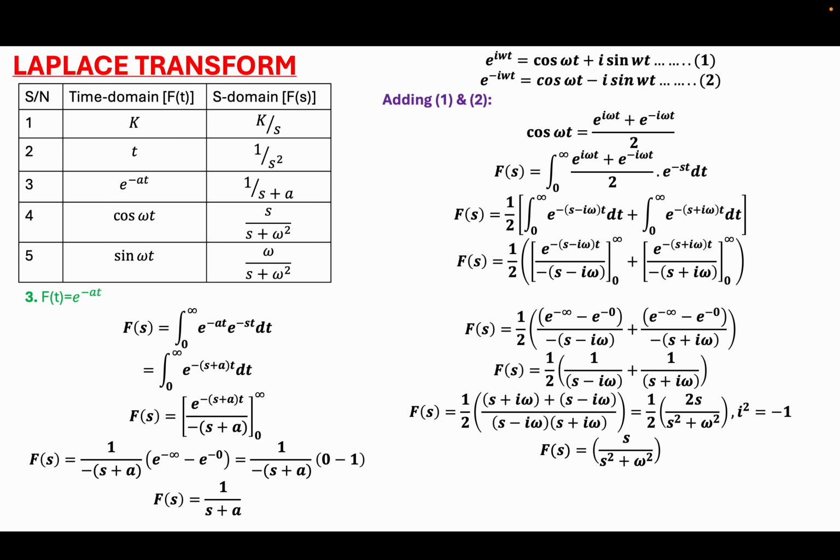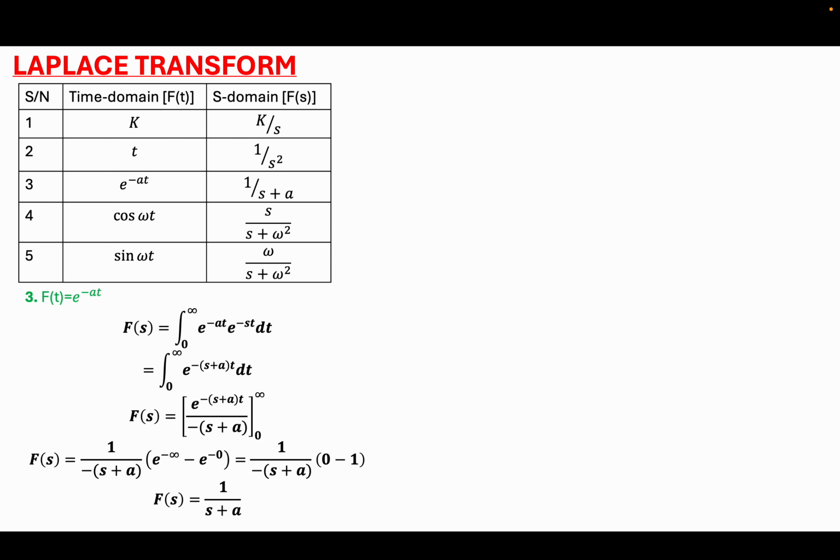So for the sine function, I have to do subtraction. So subtracting 2 from 1, my sine omega t will end up into this. For writing my sine omega t relationship, I will end up with this. So substituting it into the general Laplace transform formula, my f of s will just be this. So now I have to also apply the law of indices, which will lead me into two different exponentials.